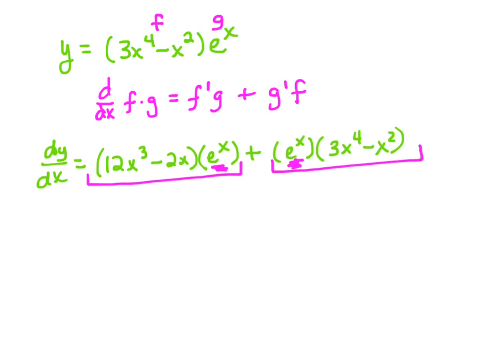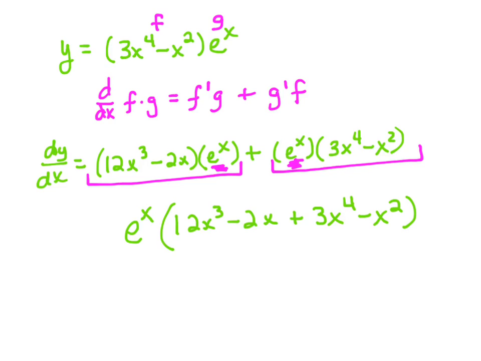So I'm going to factor that out to the front. And in the first term, I have left 12x cubed minus 2x. And in the second term, plus 3x to the fourth minus x squared. And I don't have any like terms there to combine, and so that's my final answer.